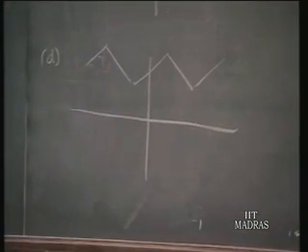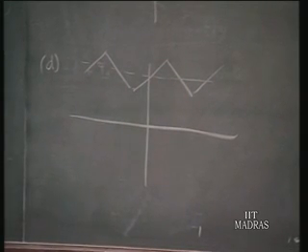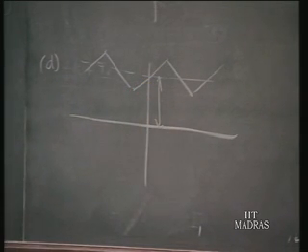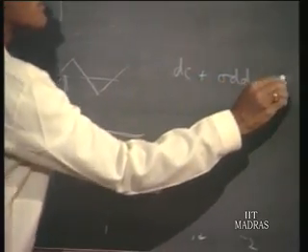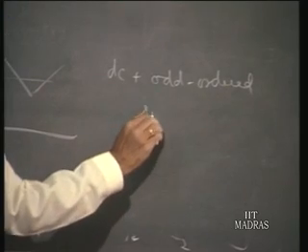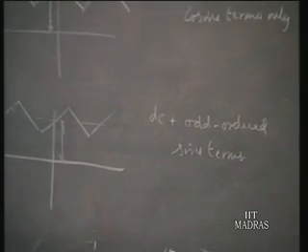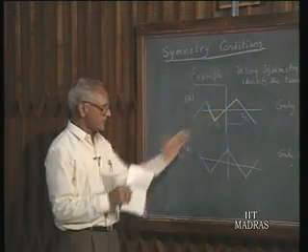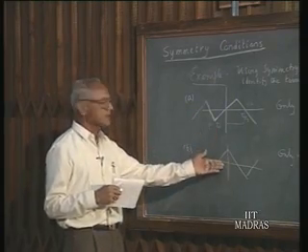Similarly, if this waveform is shifted up, and you subtract that amount from the waveform, you get the waveform given in A, therefore you have DC plus odd ordered sine terms. One thing you would notice from this example is that for the same function, if we shift the origin, in one case it may be an even function, in another case it may be an odd function.